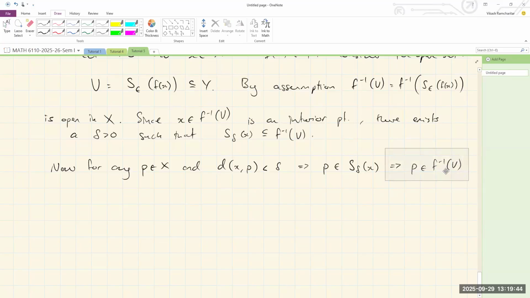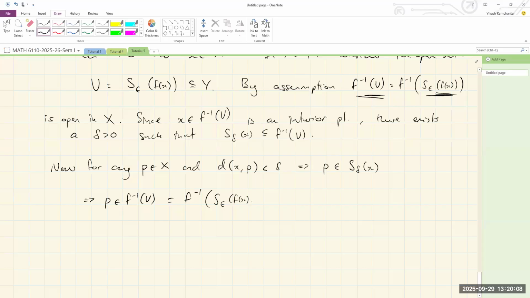Maybe let me take this one on a new line. So this means that P is within there. Now, what was V again? Remember, V was this set, right? So let's replace that. So the preimage of V, what was V? V was the epsilon sphere centered at f of x, right? So P belongs to that set.